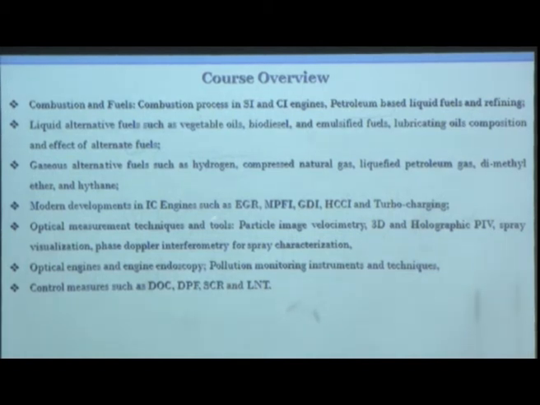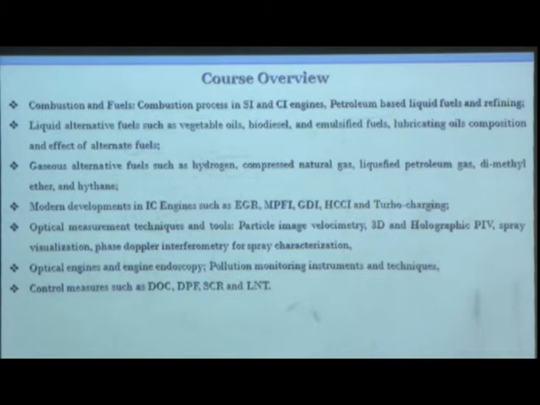And then we will be looking at some of the modern developments in IC engines which have taken place in the last 20-25 years. So for example, we will be looking at technologies such as EGR. EGR stands for exhaust gas recirculation. We will also be looking at multi-point port fuel injection, MPFI. We will also be looking at one very relevant technology which has not come in India yet, but it's a very important technology.